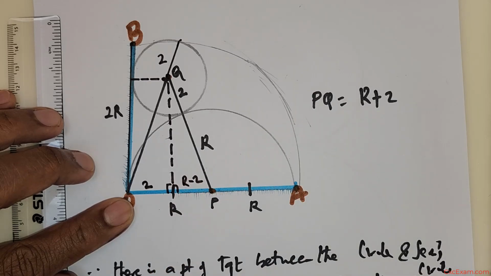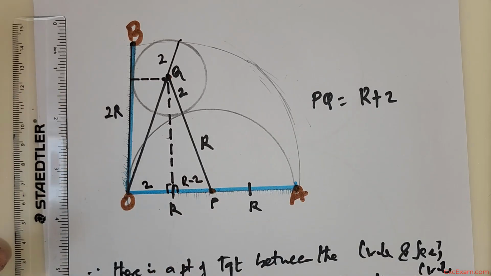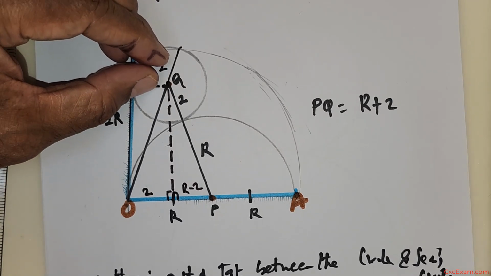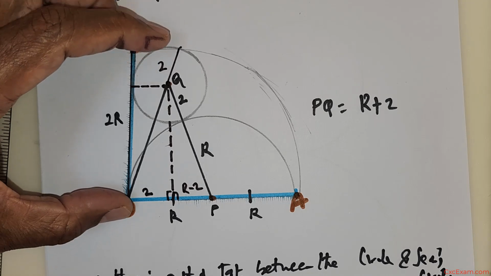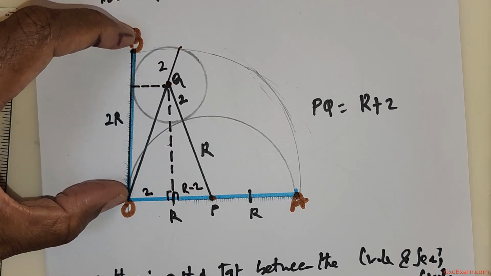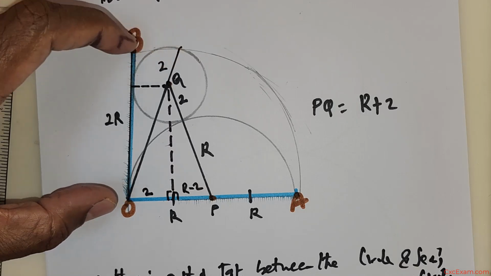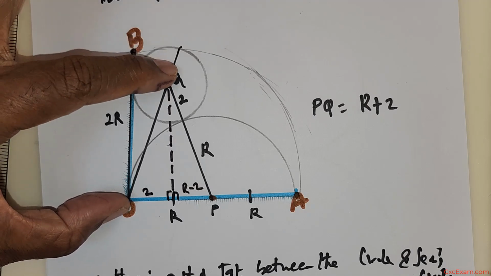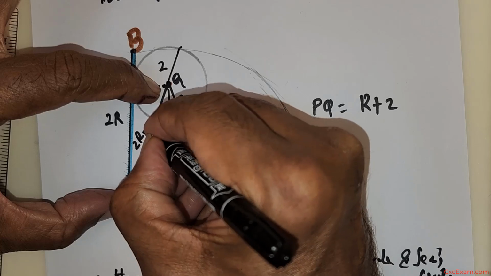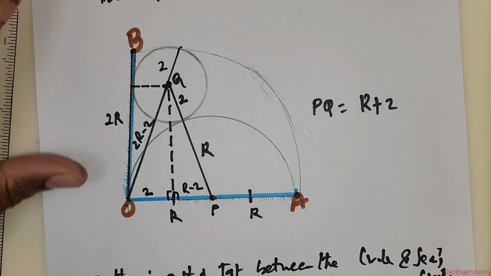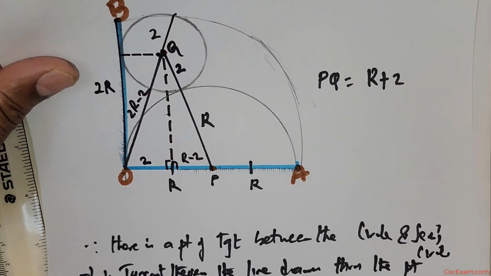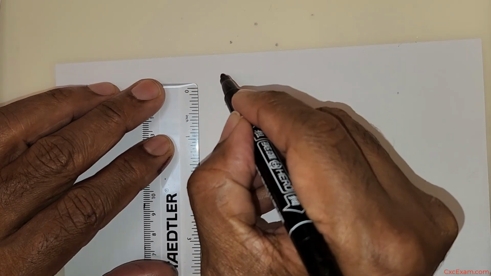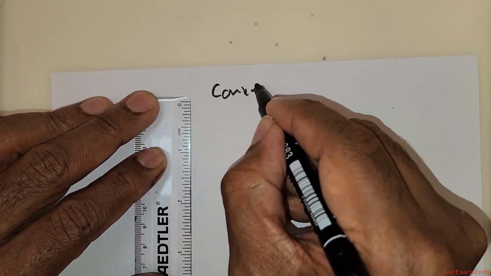Okay, so the idea here is to treat this triangle to be two right triangles and equate the heights. Now clearly this is 2 units, and this entire length is actually the radius of the quadrant. This entire length is going to be 2r. From 2r you take away 2, you get this length. So 2r minus 2 will be this length. So with that being said, we will consider the 2 right triangles.